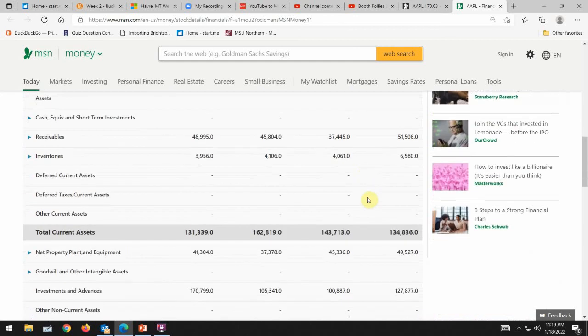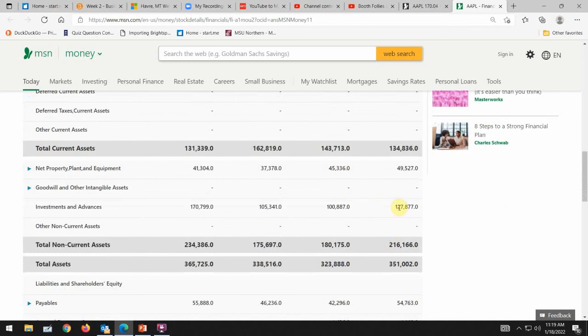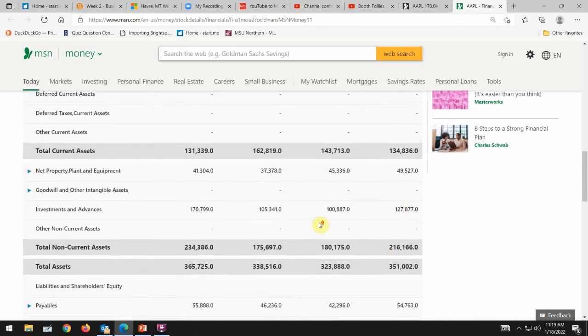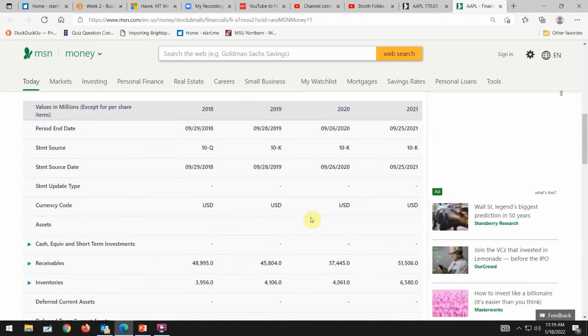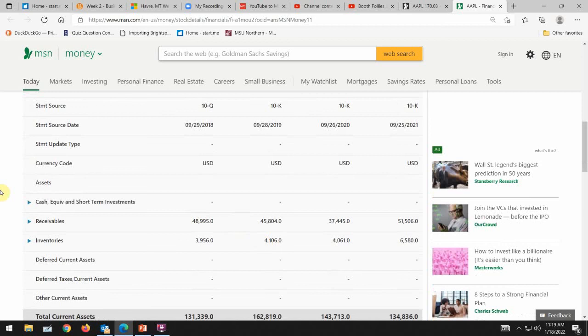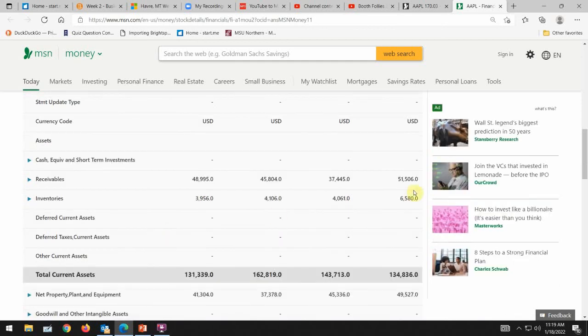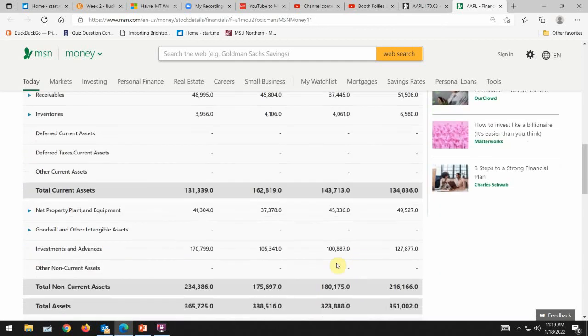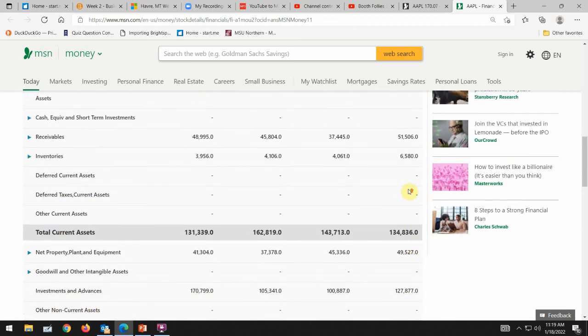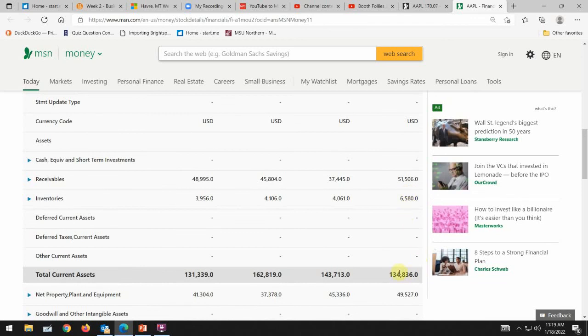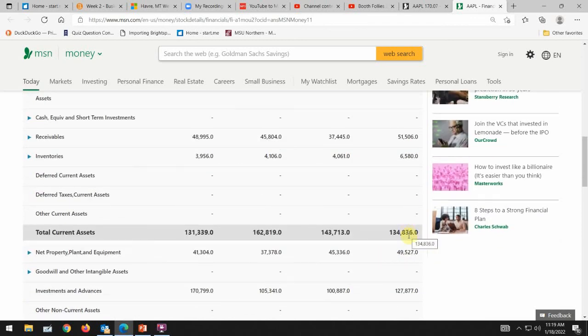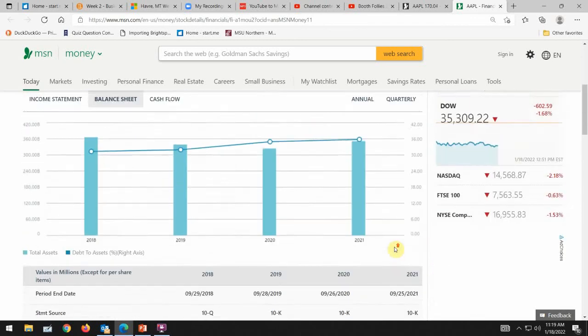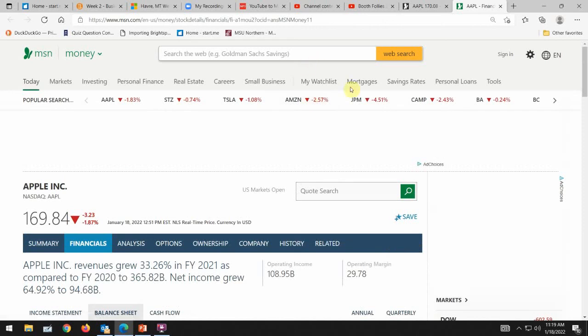So, on the other hand, how much cash do they have on hand? A lot. It doesn't show up a whole lot here. Total current assets, it says 134. But if you come down here, in their case, they also have these investments. And those investments are typically in government bonds and whatnot. If you looked at their total balance sheet, about 250 billion in cash that Apple is sitting on, which is pretty impressive.